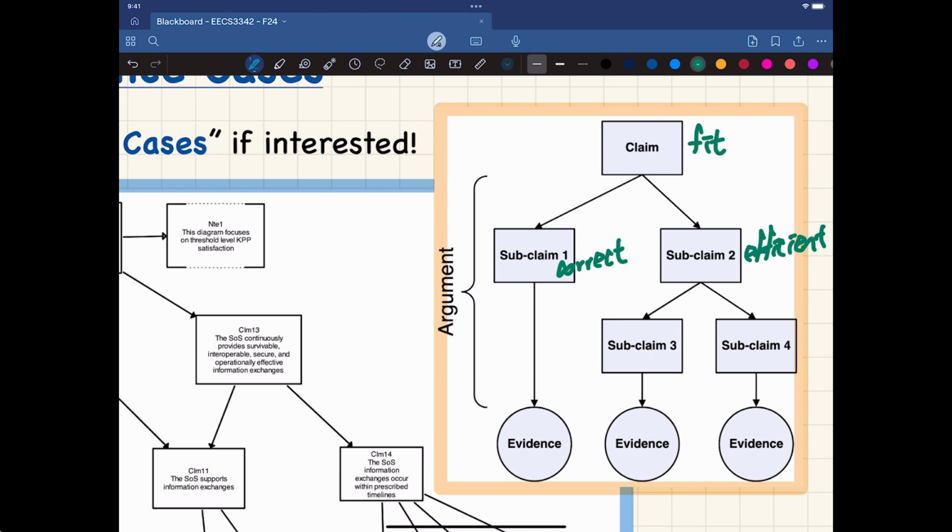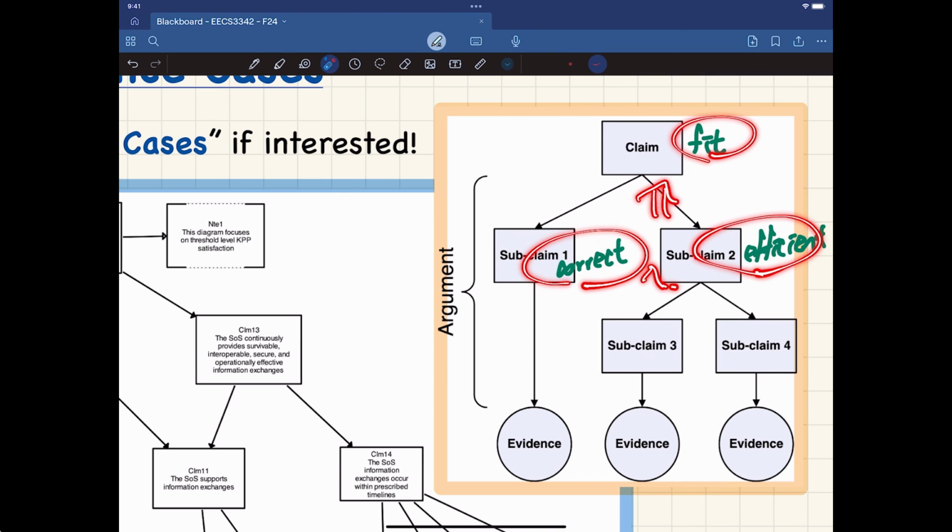So I'm basically saying this and conjunction this should imply fitness, which not necessarily is formally true, but that's just the way assurance cases work. You want to provide some tree structure that seems convincing, not exactly formal, right? That's a big literature actually for assurance cases.